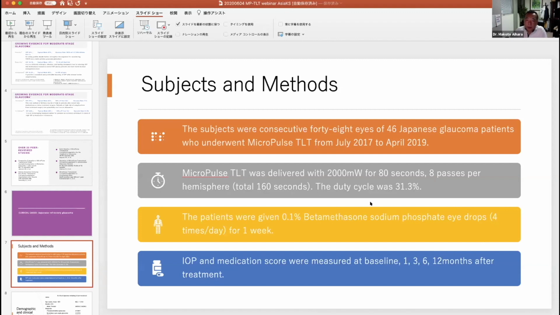The duty cycle was 31.3%. The patients were given 0.1% betamethasone sodium phosphate 4 times a day for 1 week. IOP and medication score were measured at baseline and 1, 3, 6, and 12 months after treatment.